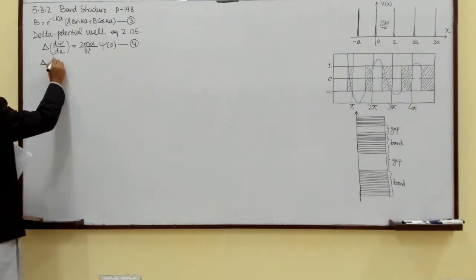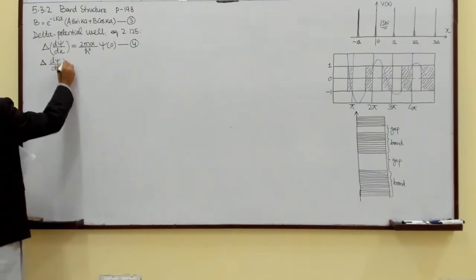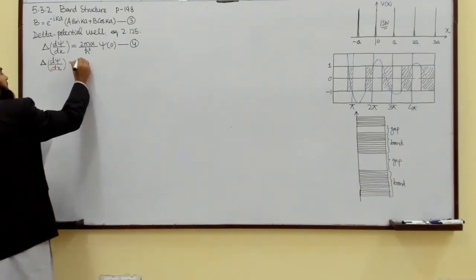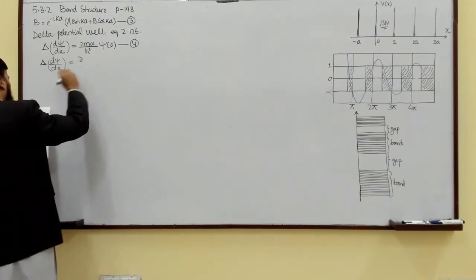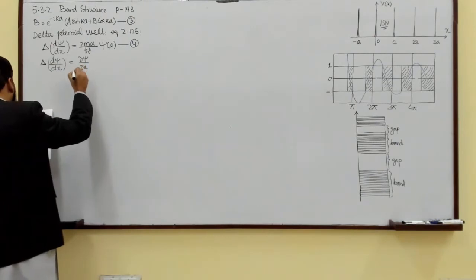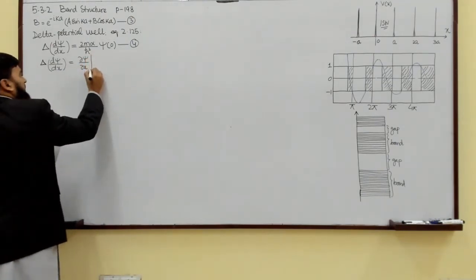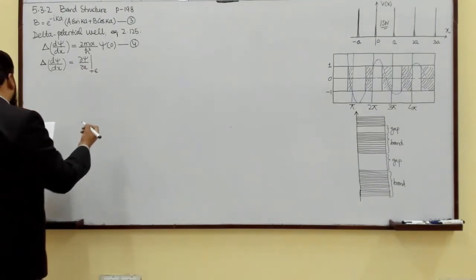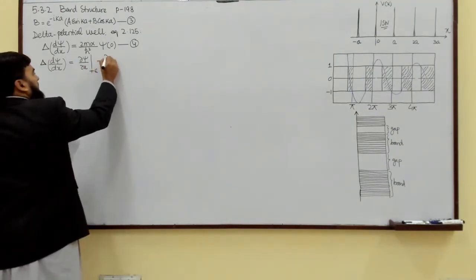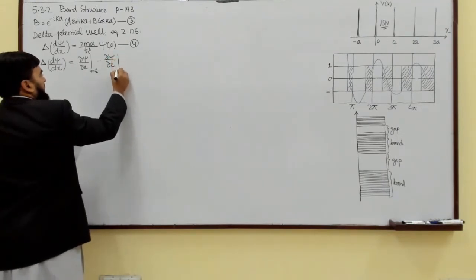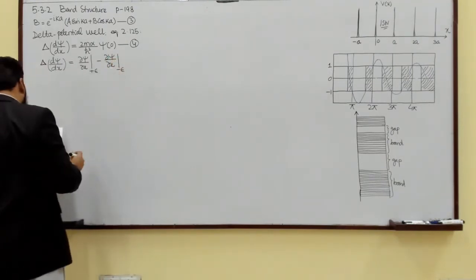Delta dψ/dx is equal to, if I take slightly close to the boundary, ∂ψ/∂x at epsilon on one side minus ∂ψ/∂x at epsilon on the other side.